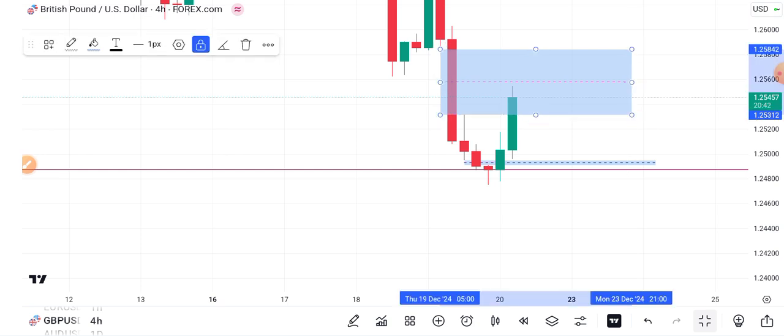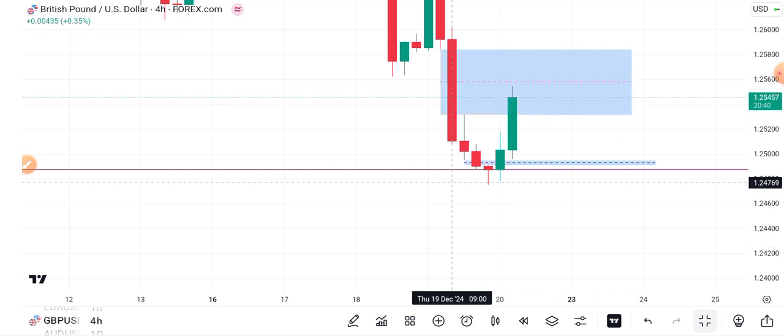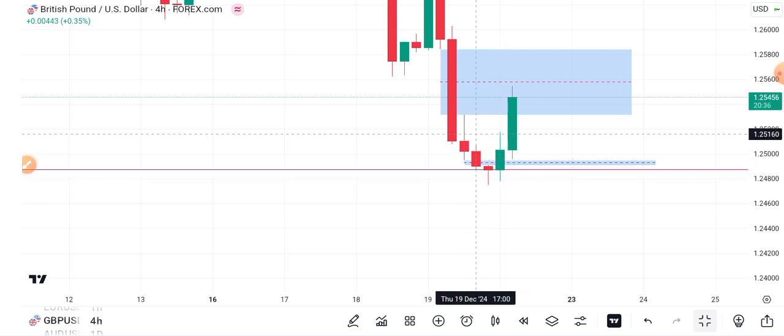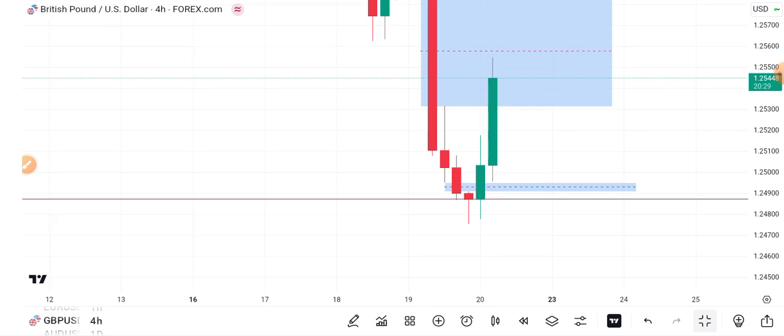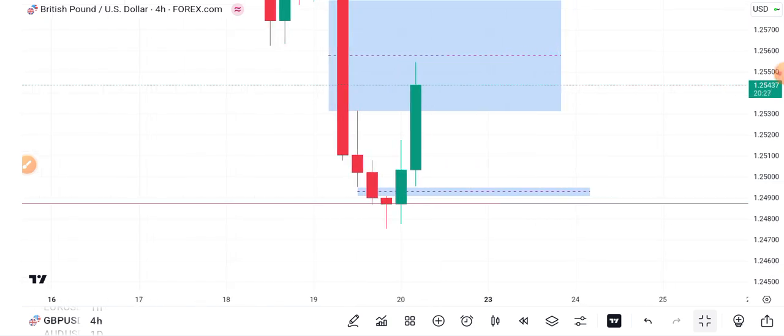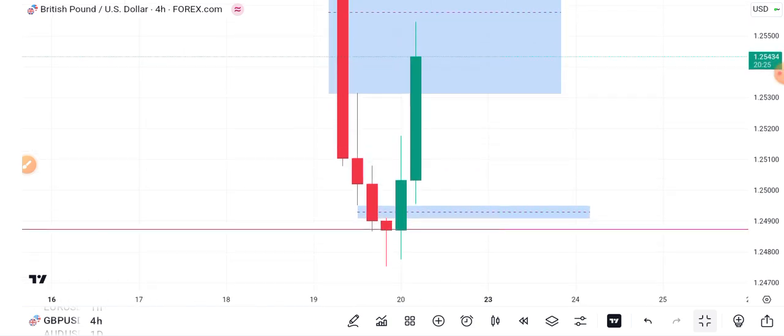After seeing this opposing fair value gap here, you should now go to a lower time frame, like 1 hour, to check some other things also. Let's go to 1 hour and see if there are things that could help us frame our trade idea. So this is 4 hours. Now let's go to 1 hour.